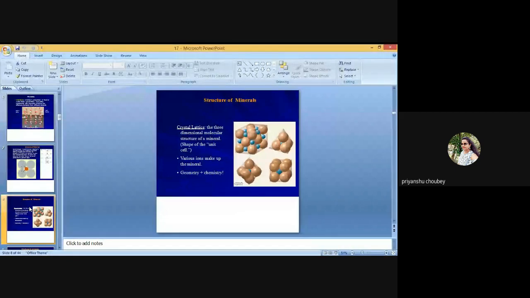This has given rise to the concept of the space lattice, which is based on the regularity of the internal structure of a substance in a crystalline state.